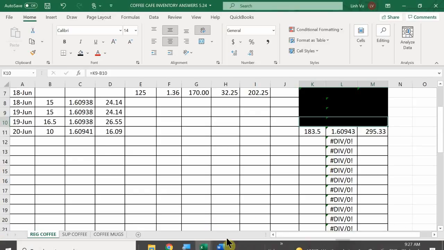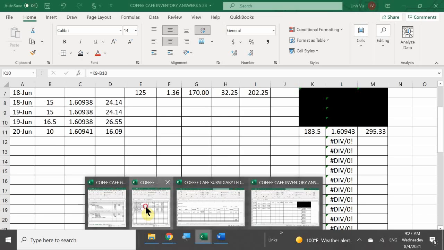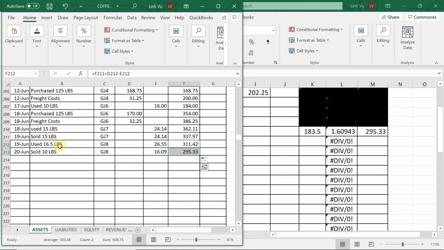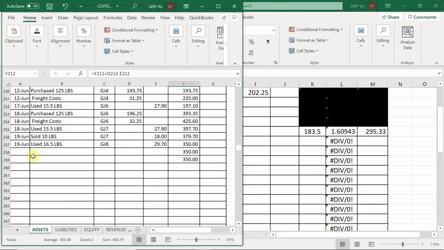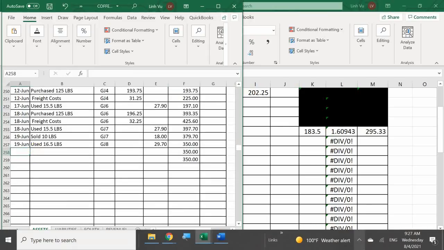Supreme Coffee account, 620. We sold 10 pounds. General Journal 8.